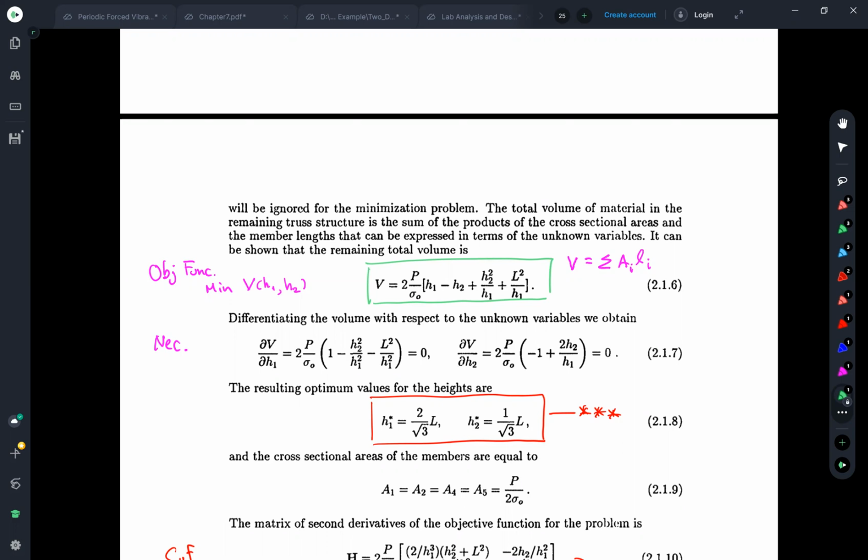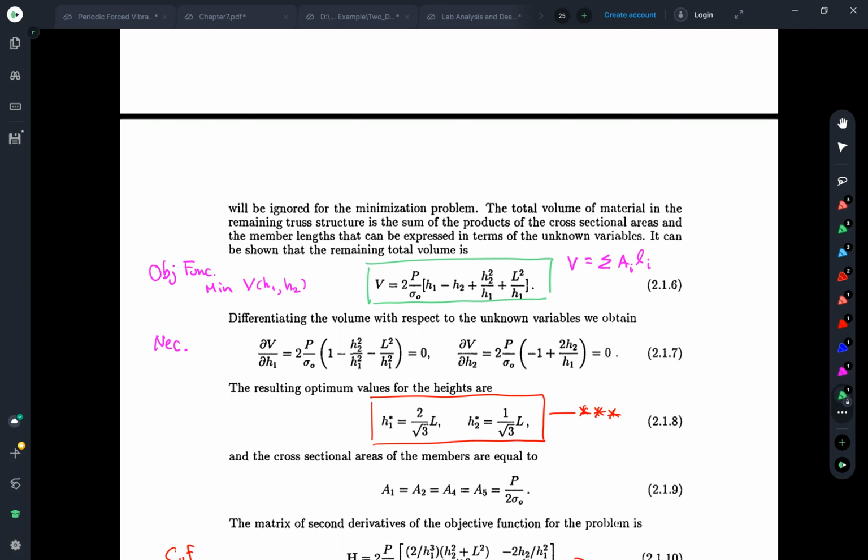You have to find another objective function that can imply the same target or same objectives while minimizing the weight of the truss, but you have to write down this equation carefully so that it is a convex function.